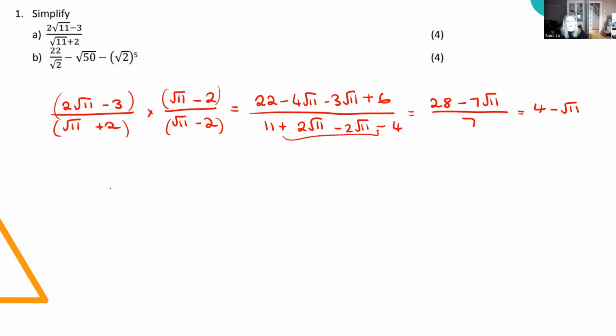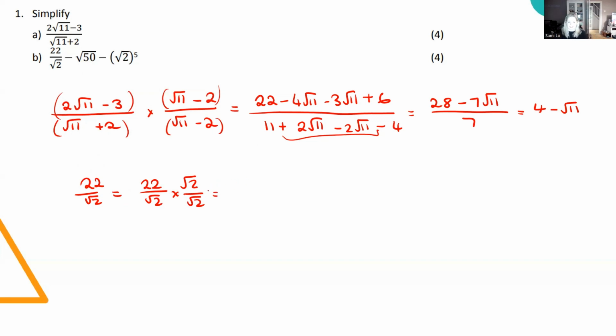Part B now, I always do this in 3 little parts, so I split it all up. So the first one, for the 22 over root 2, we're going to rationalise the denominator. So what we need to do here is 22 over root 2, and we're going to times that by root 2 over root 2. The reason why I can say it's equal is because I'm not changing anything to the sum.